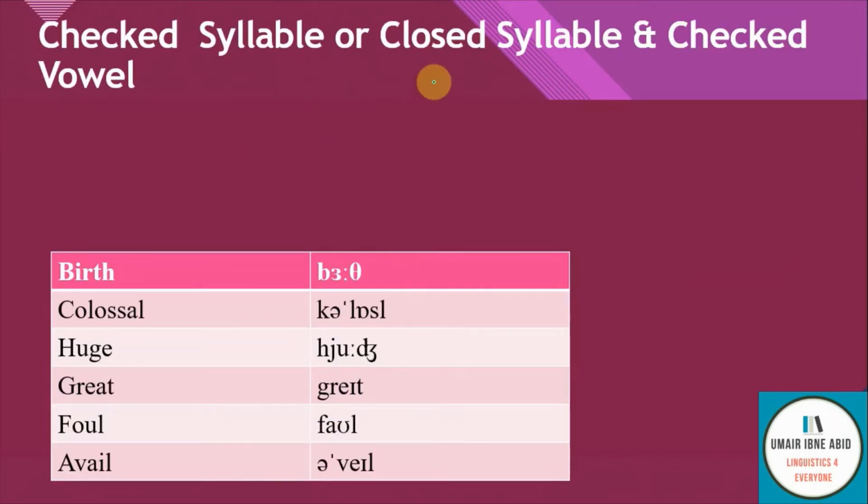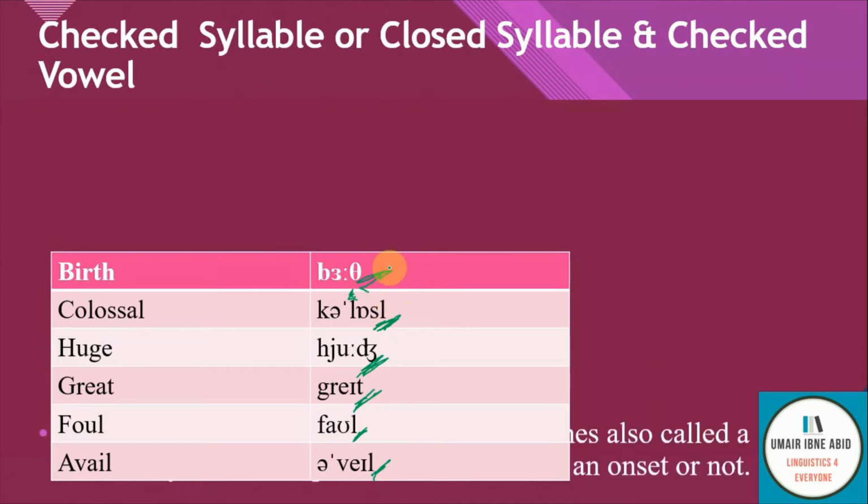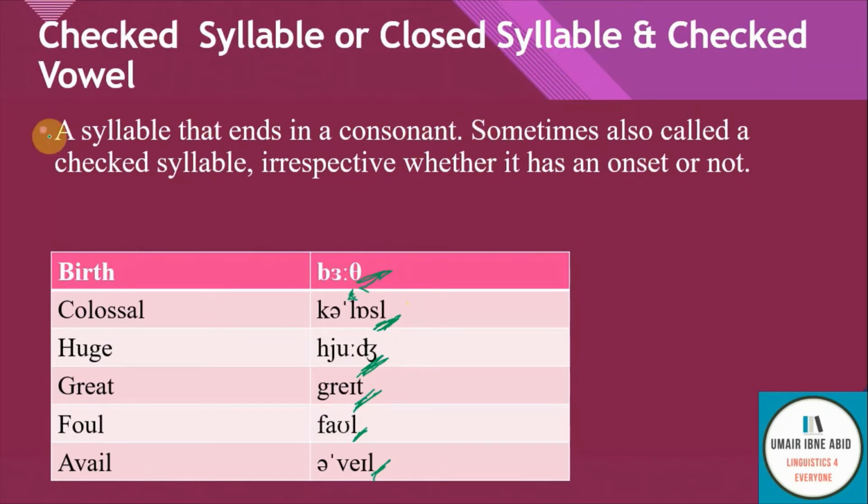Then checked syllable or closed syllable, and checked vowel. Whenever a word ends at a consonant, like bus, and colossal, this is also ending at a consonant, l, t. So these are called closed syllables or checked syllables. Actually, a syllable that ends in a consonant is sometimes also called a checked syllable, irrespective of whether it has an onset or not.